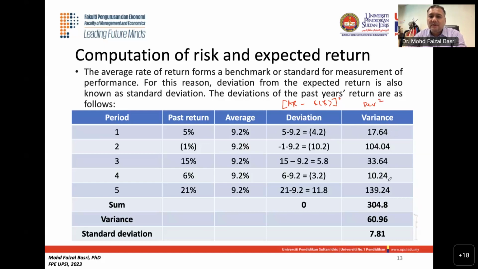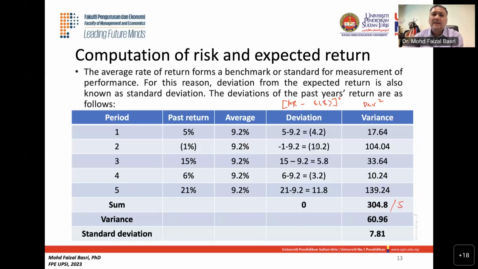So when you sum all 5 years of variance, you get 304.8, and 304.8 when you divide by 5, because we have 5 years, gives us a variance of 60.96.